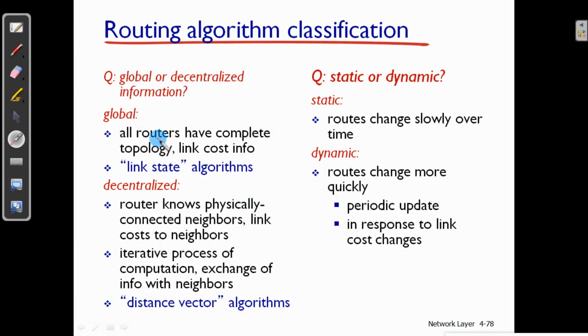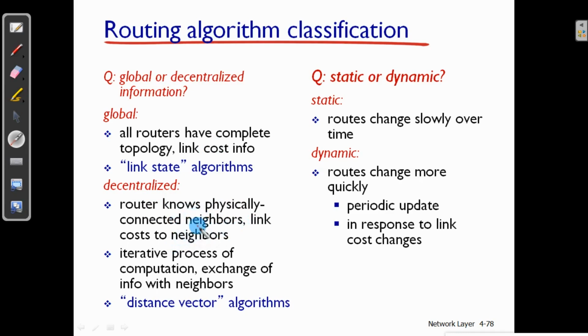Global means all routers have complete information about the topology, cost of the link, type of the link, and other information. In decentralized, a router knows only its physically connected neighbors and the link cost to the neighbors.